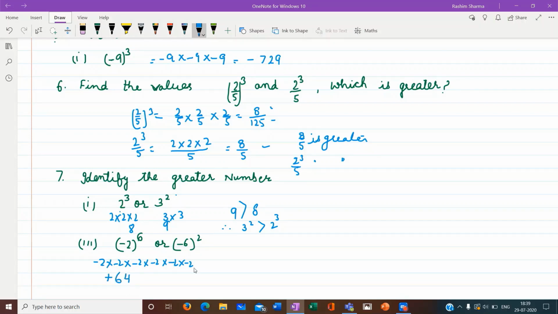Same way, minus 6 raised to power 2 is equal to minus 6 into minus 6, that is plus 36. Now 64 is greater than 36. That means minus 2 raised to power 6 is greater than 6 raised to power 2.